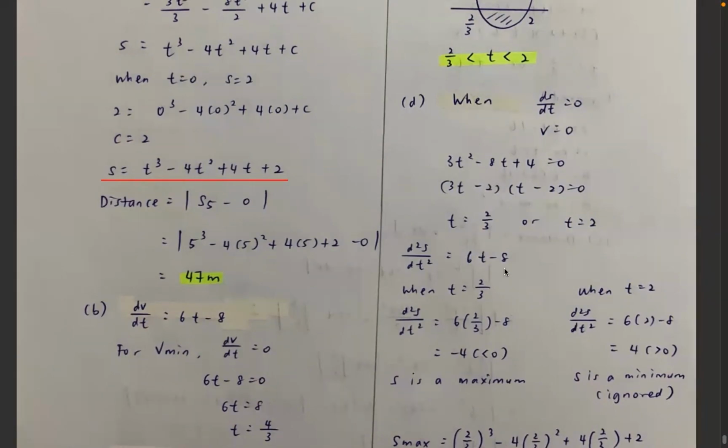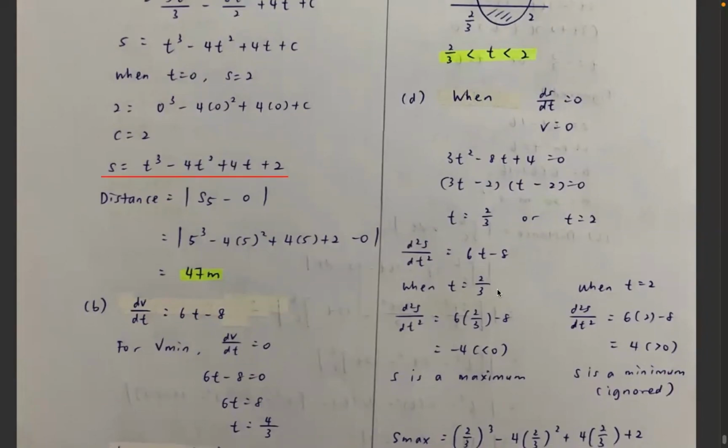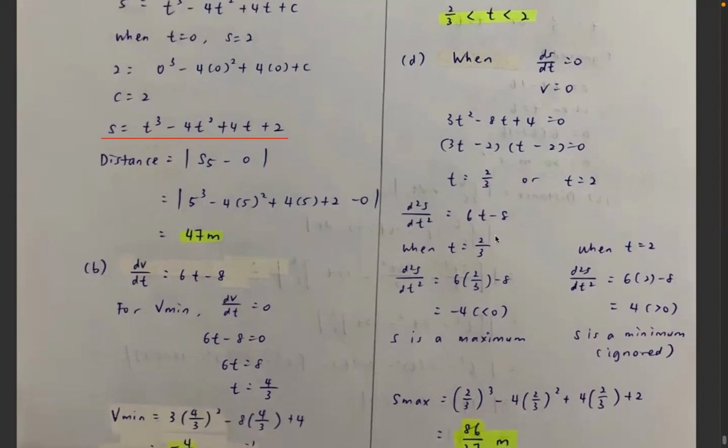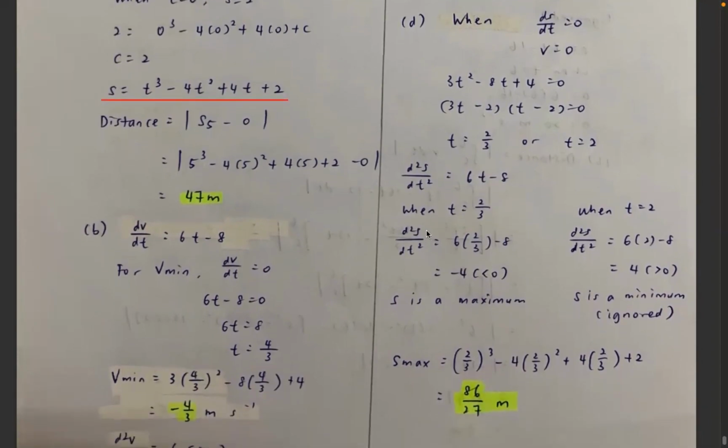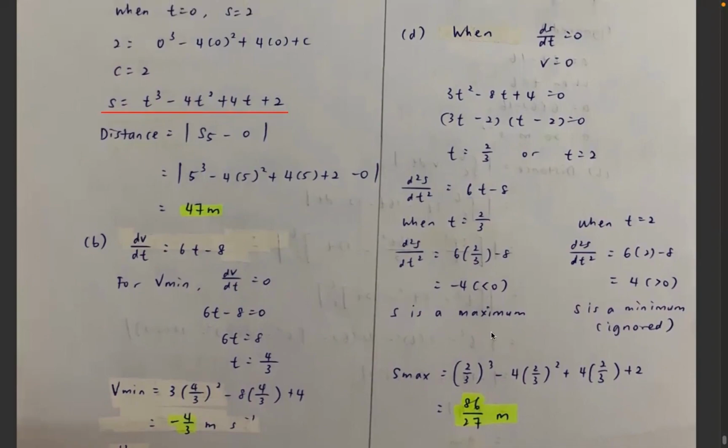Differentiating negative 8t, we have negative 8. So we substitute the value of t inside. When t equals 2 over 3, we have the answer negative 4. When d2s/dt squared is less than 0, that means the displacement is maximum. So when t equals 2 over 3, the displacement is maximum.